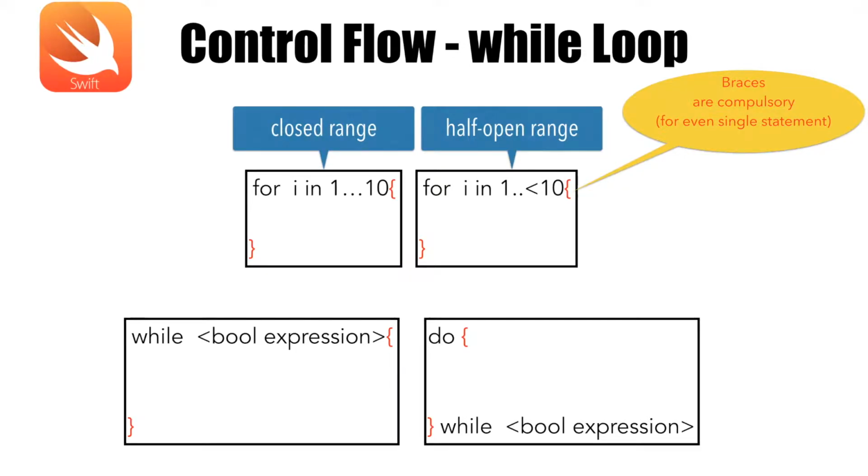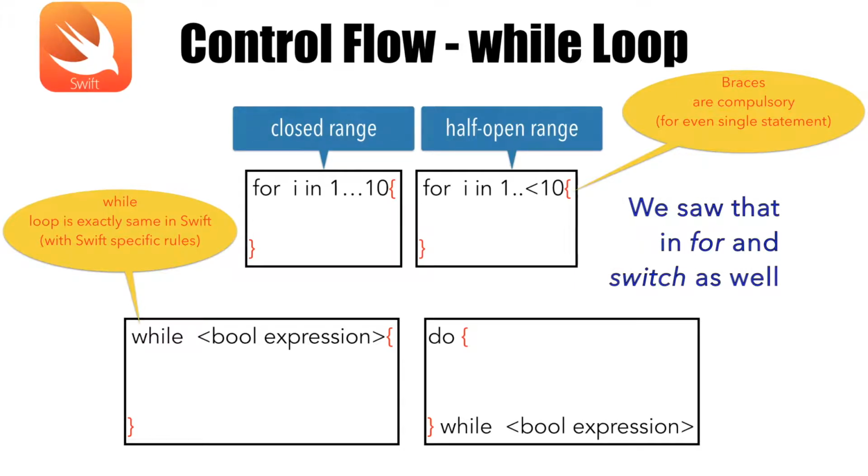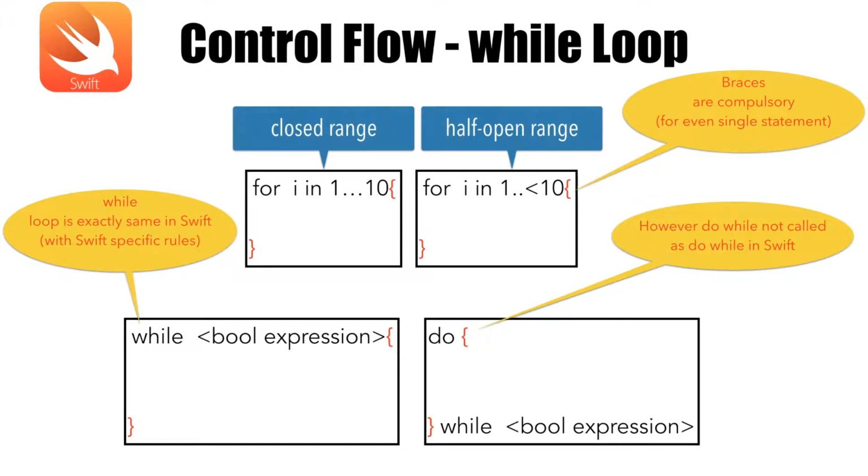Well, in Swift, the while loop is exactly the same. There is no difference at all. The only difference that you will see is you don't write the Boolean expressions inside round brackets, which is typically the case in Swift. However, there is no do while in Swift. We don't call it do while because in Swift it is called repeat while. But overall the concept pretty much remains the same.